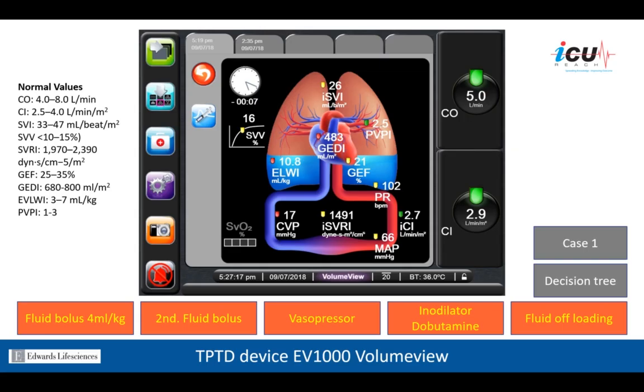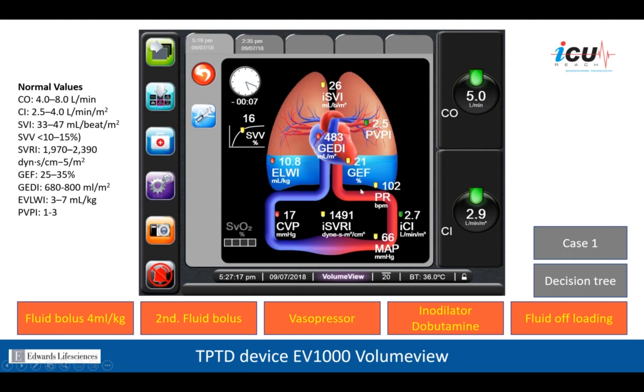So the PiCCO device was inserted. We have the EV1000 VolumeView here, and those are the parameters that we obtained on this patient. So I'm going to analyze this slowly, and then we're going to see what happens if you do any of these interventions or measures.